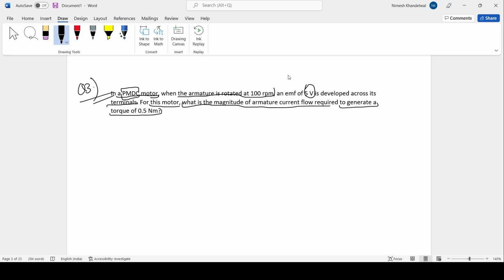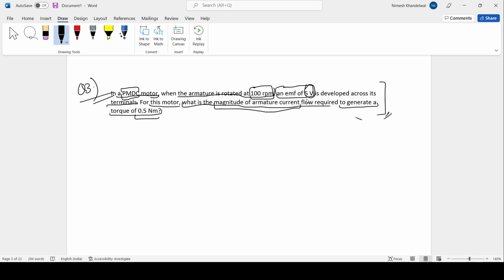This question is a combination of both the questions that we have done above. In the first question, we had been given the magnitude of armature current and the other quantities, and we were required to calculate the torque. In the second question, we had been given everything else and the RPM, and we were asked to calculate the EMF.